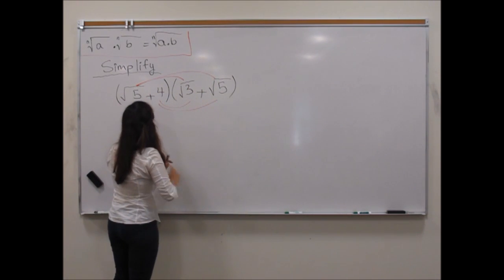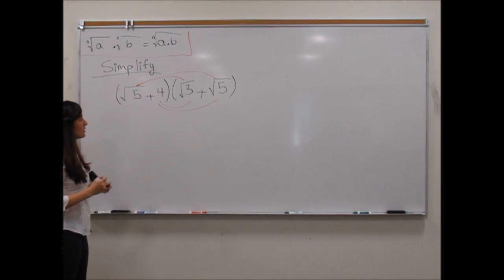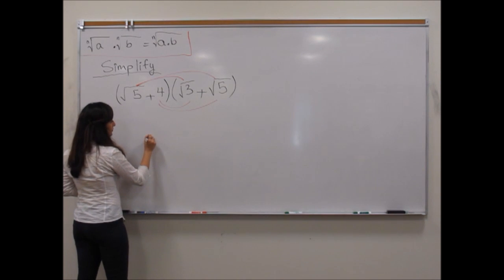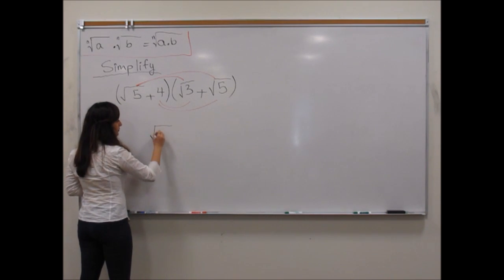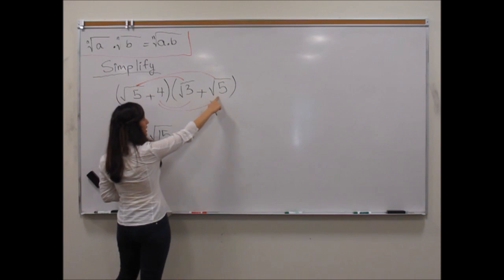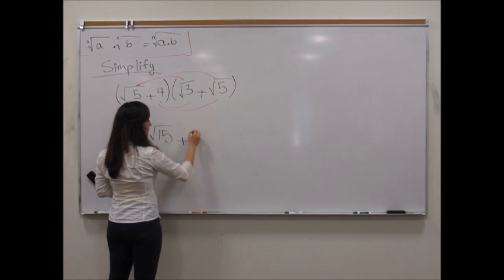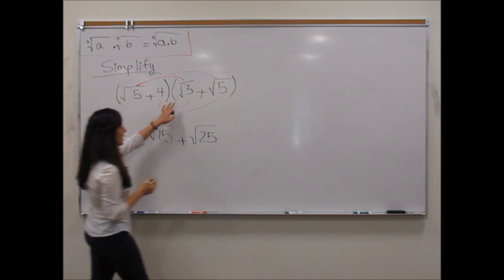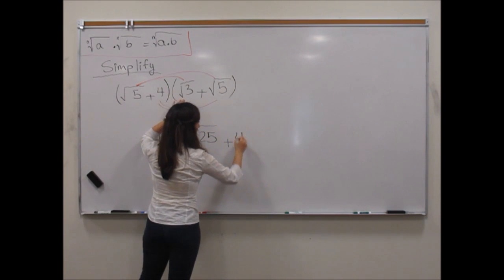So rad5 times rad3 gives me rad15. And then rad5 times rad5 gives me rad25. 4 times rad3 gives me 4 rad3.